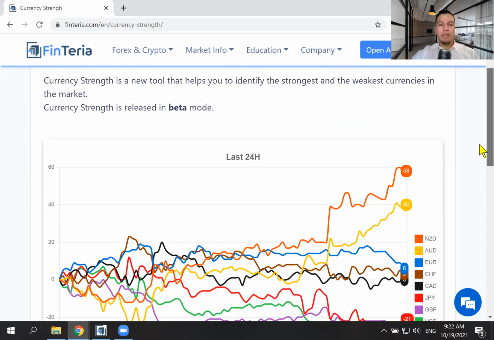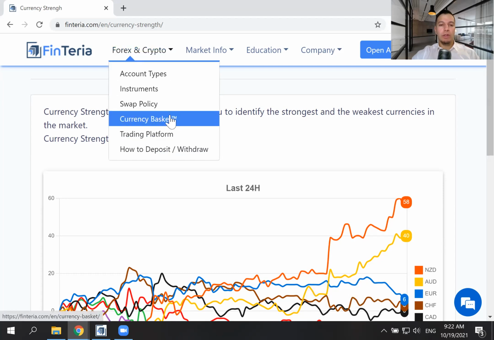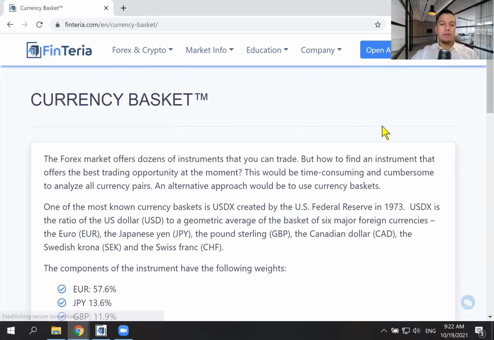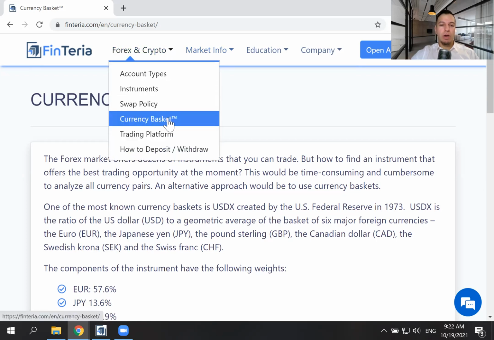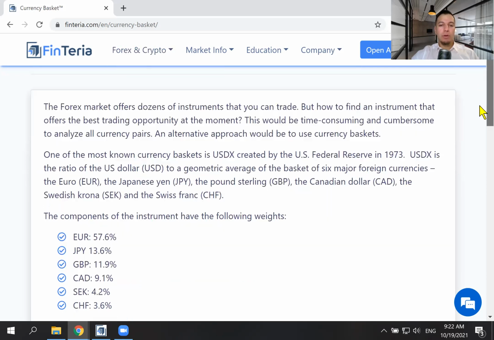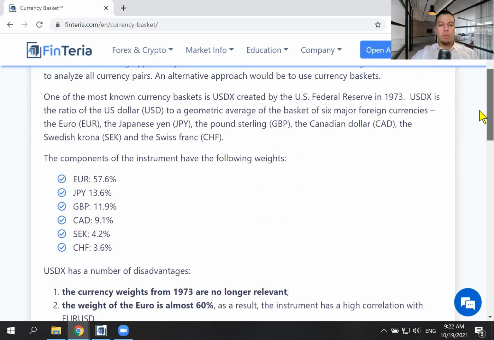So I would like to explain how this tool works. This is all based on the currency baskets or currency indices. On our website, you can find information about currency baskets. You need to go to the forex and crypto section and select currency basket. First of all, on this page, we explain why the US dollar index is no longer relevant.